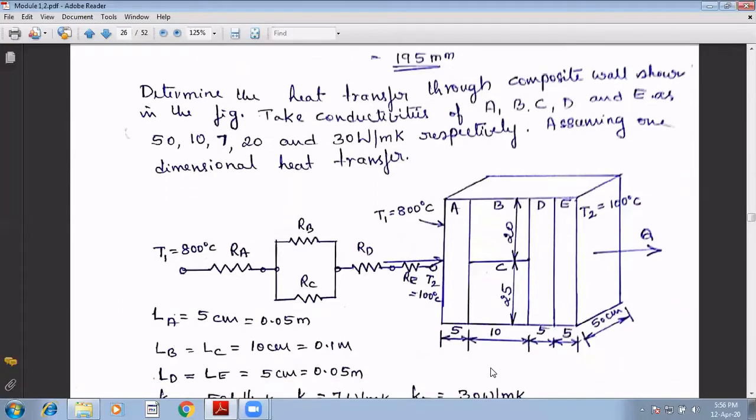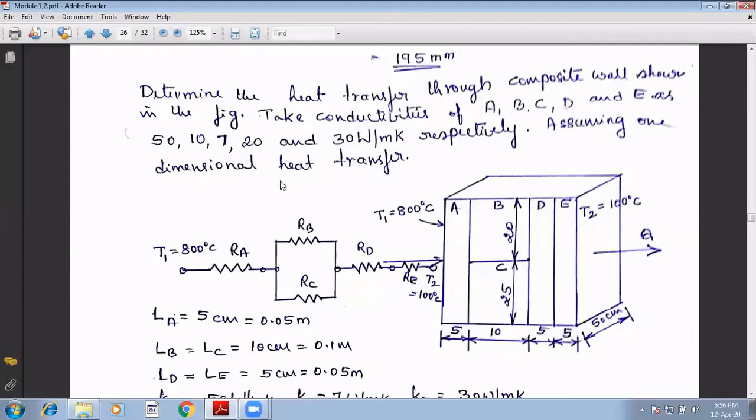Now this is one more problem with a given diagram, again based on composite wall only. The difference is at this point these two materials are not in series, so you need to consider these two in parallel.